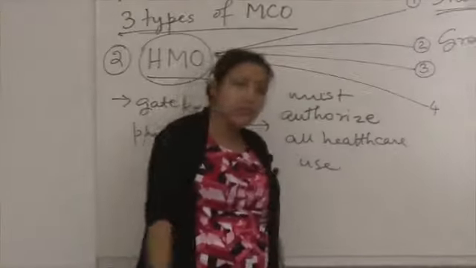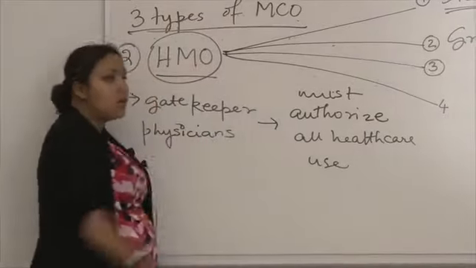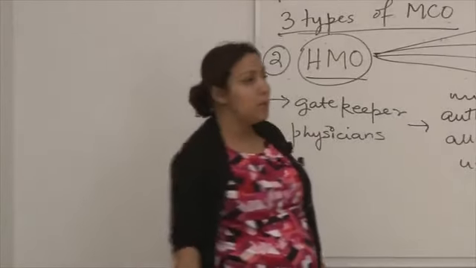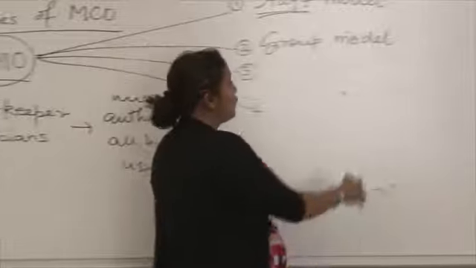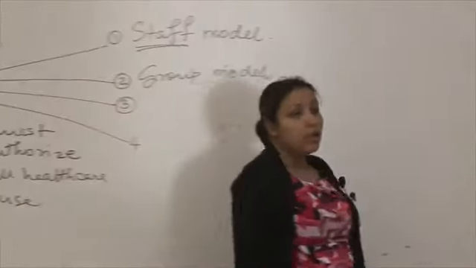Next, you have the group model HMO. In this case, this particular HMO does not hire a list of doctors, but they enter into some kind of contract or negotiation with a group practice of physicians. You know what a group practice is, right? Physicians work in a cluster, like some OBGYN doctors will practice at one place at a clinic, or some dermatologists or some eye specialists will all sit in one clinic. That's a group practice.